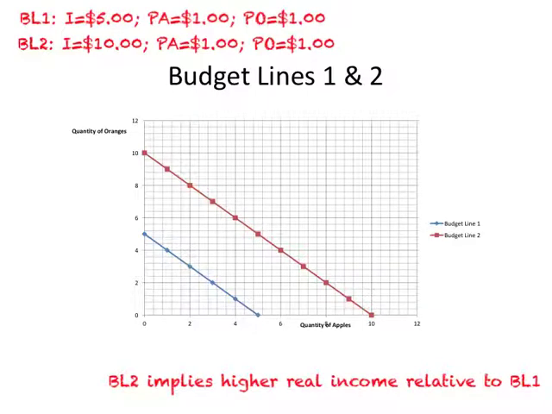Now, why does BL2 imply higher real income relative to BL1? Simply because John's nominal income has increased, but nothing has happened to price of an orange or price of an apple. So one of the reasons why a person may have higher real income in the two good case is when nominal income increases and prices stay the same.